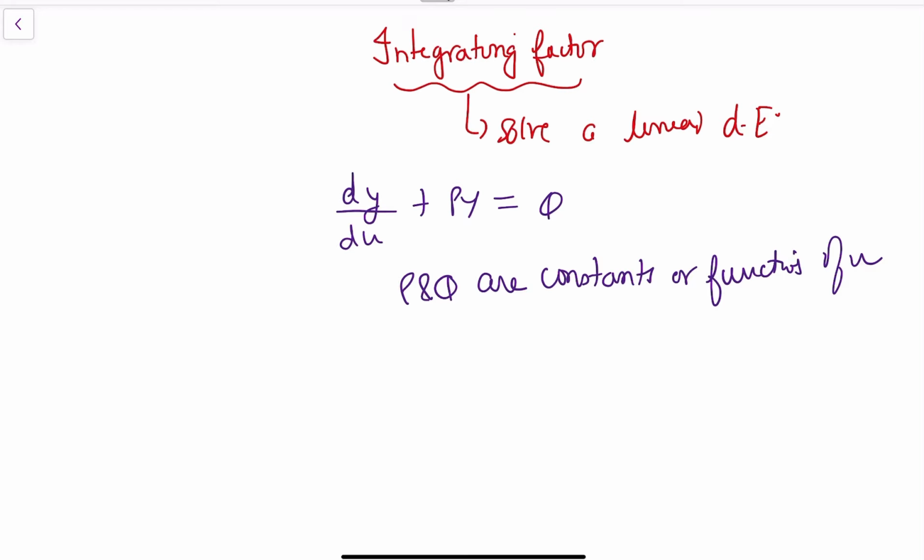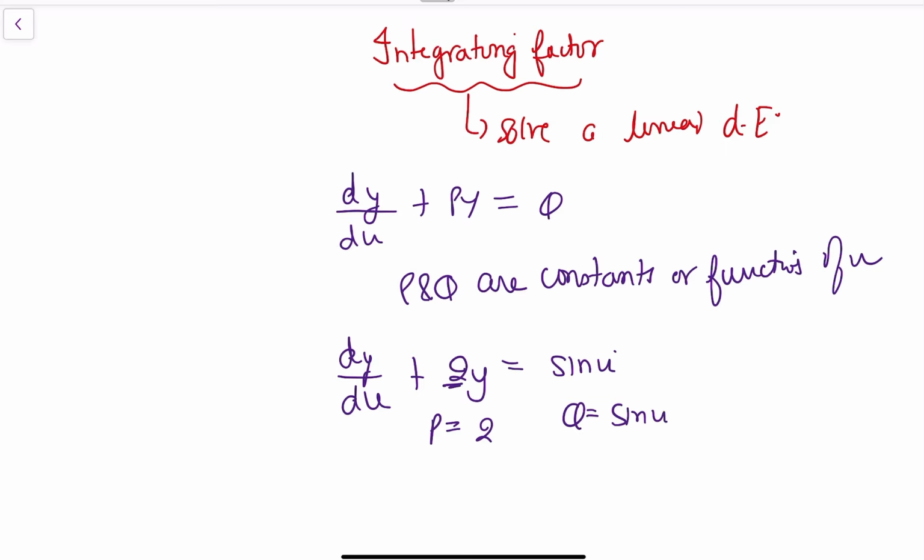They are not involving y in any case. So for example, I take this equation dy by dx plus 2y is equal to sin x. Here p is 2, and q is sin x. One is a constant, one is a function of x. So this is very well your linear differential equation.